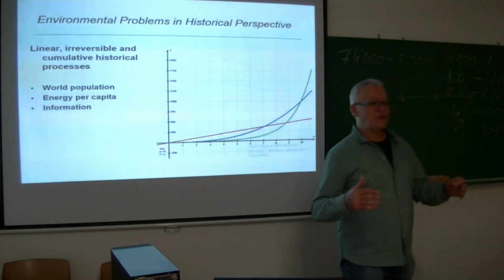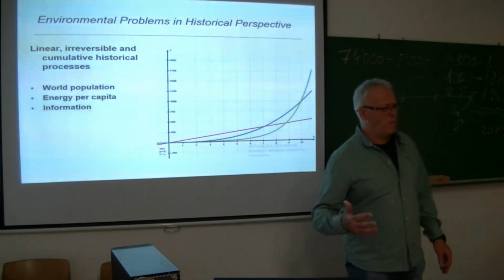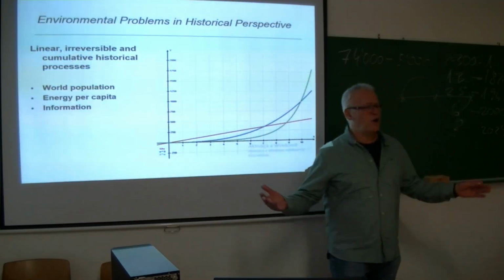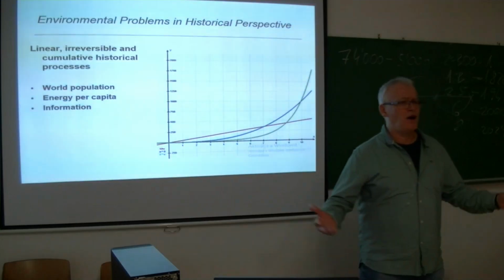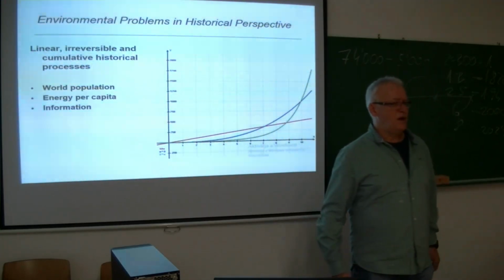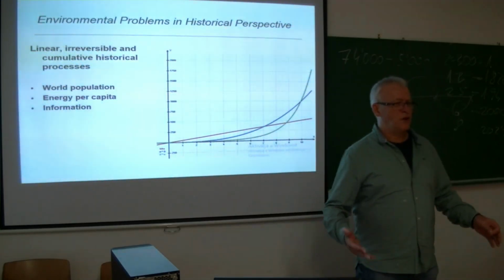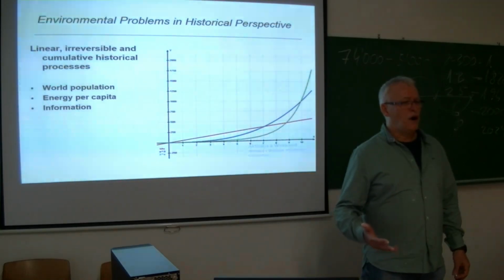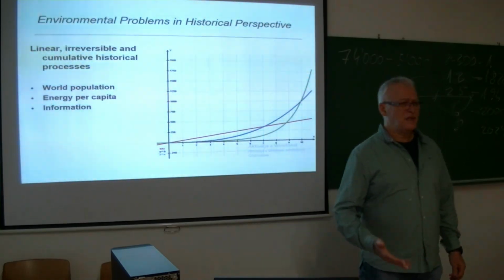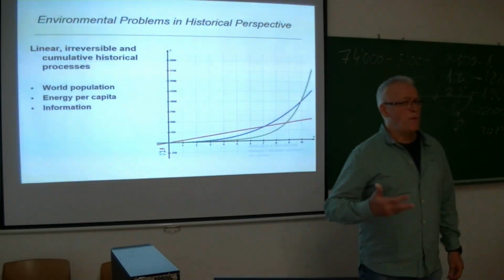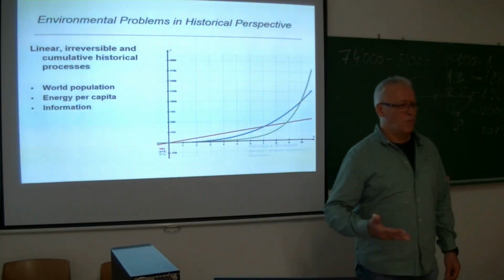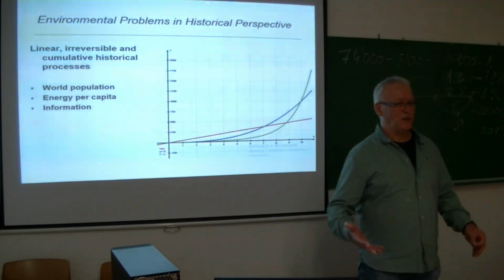Not because of the resource problem, because recently it's very popular to say that we will run out of fossil fuel, or, for example, agrarian production. It's not true. Recently there is agrarian overproduction, more than the local population is able to consume.